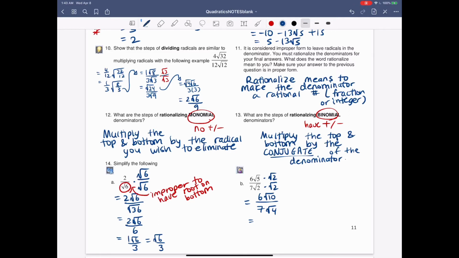So 6 square root 10 over 7 square root 4. The square root 4 simplifies to a 2. Noticing that some parts cancel out, so that becomes a 1 because 2 goes into 6 3 times. And so you have 3 square root 10 over 7.